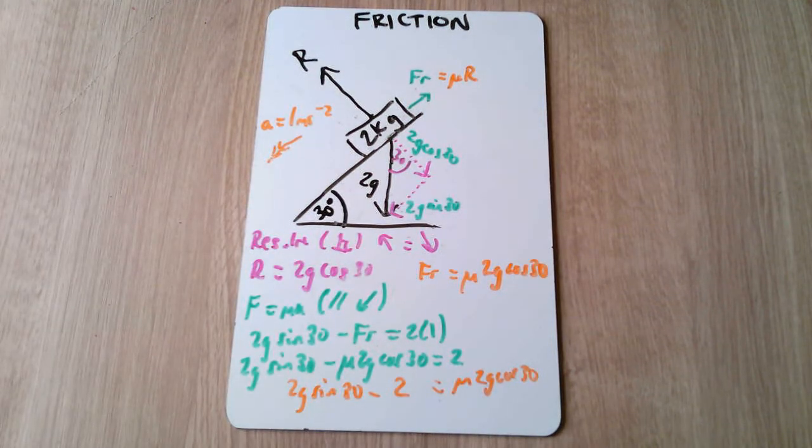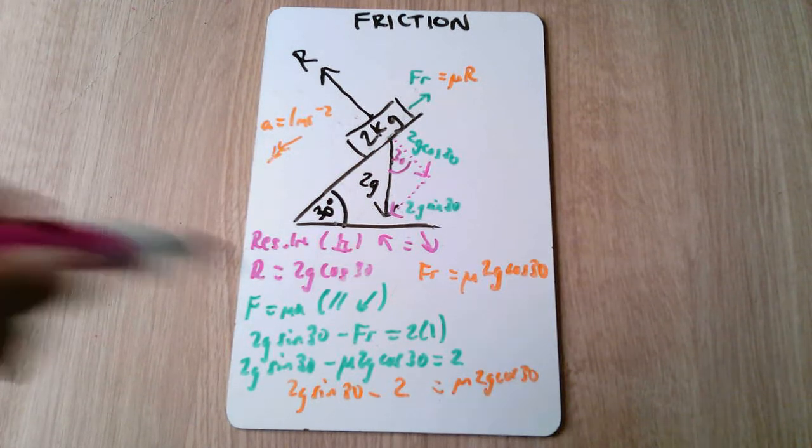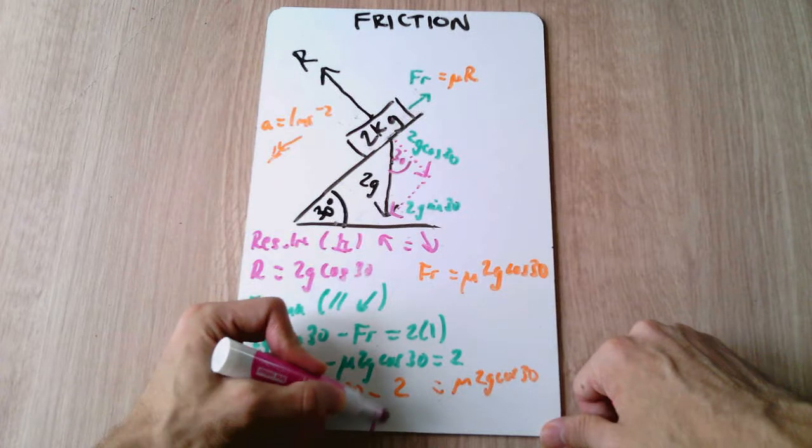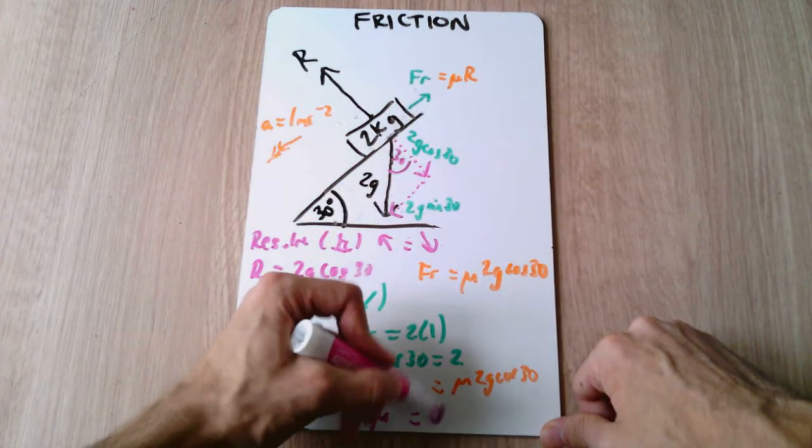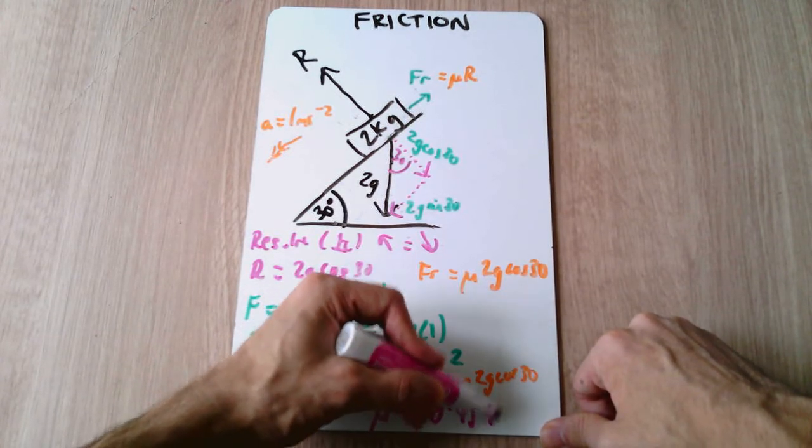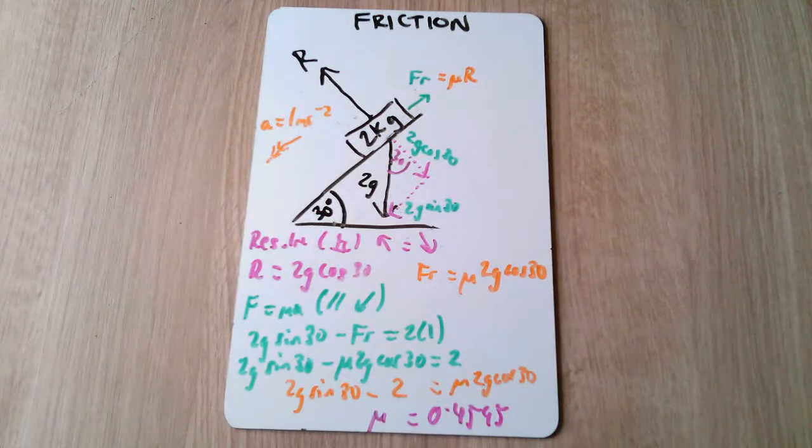So 2 times 9.8 sine 30 minus 2 divided by 2 times 9.8 cos 30, and that gives us a value of 0.4595. So mu is equal to 0.4595, or 0.460.